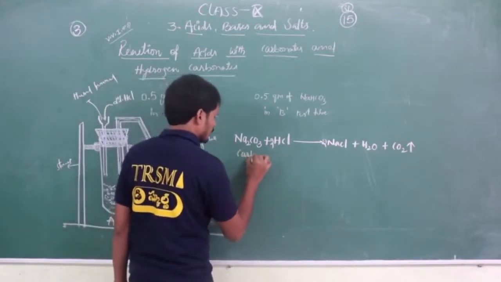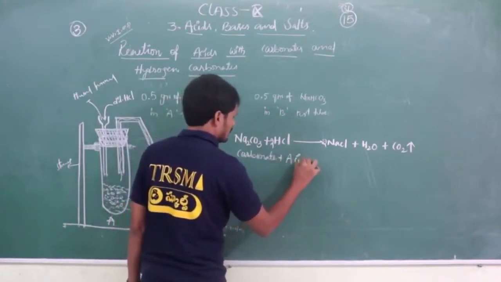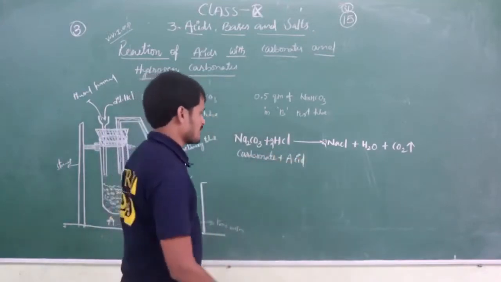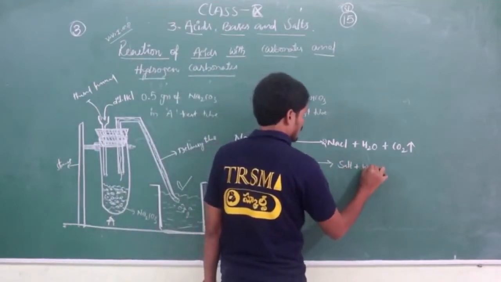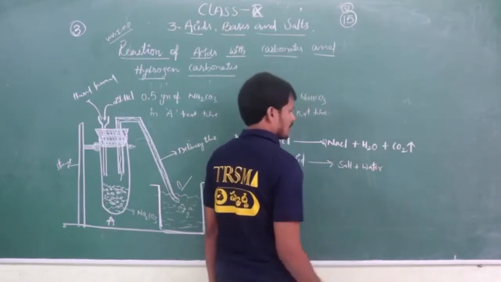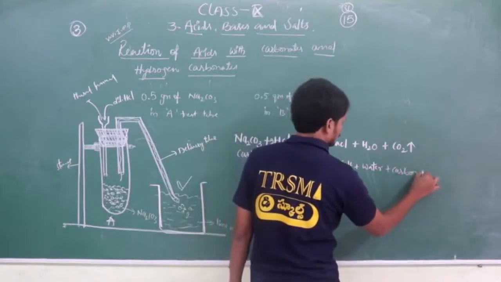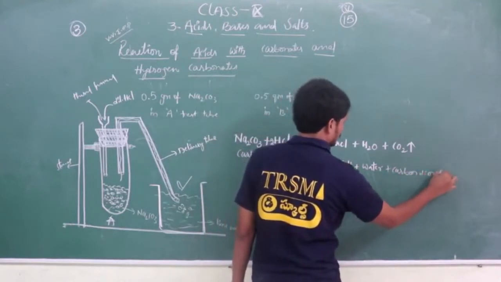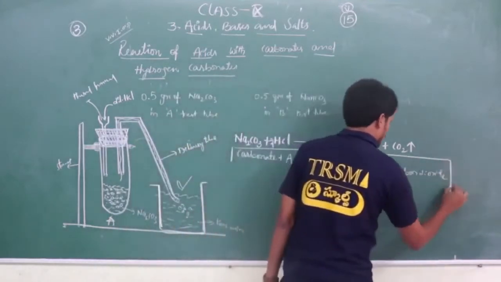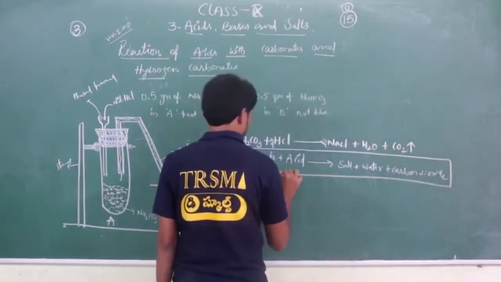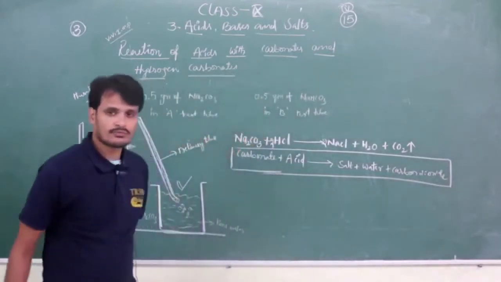Carbonate plus acid gives rise to salt plus water and carbon dioxide. This is the general formula for carbonates. So what about hydrogen carbonates?